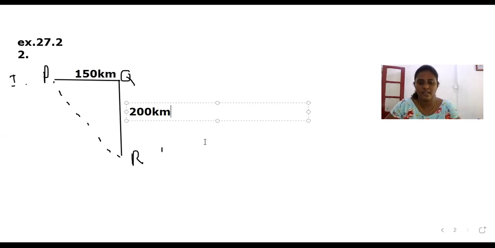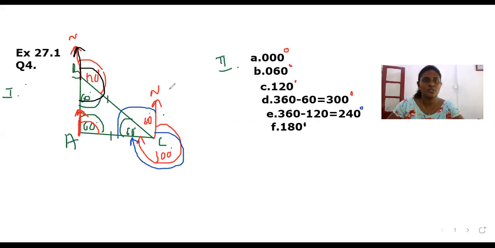Don't misunderstand that it is like PR. That's why I have shown it in the figure. And this angle is 54. These are given. Straight away, Q is to the east of P, like our previous question, B is north of A, like that.